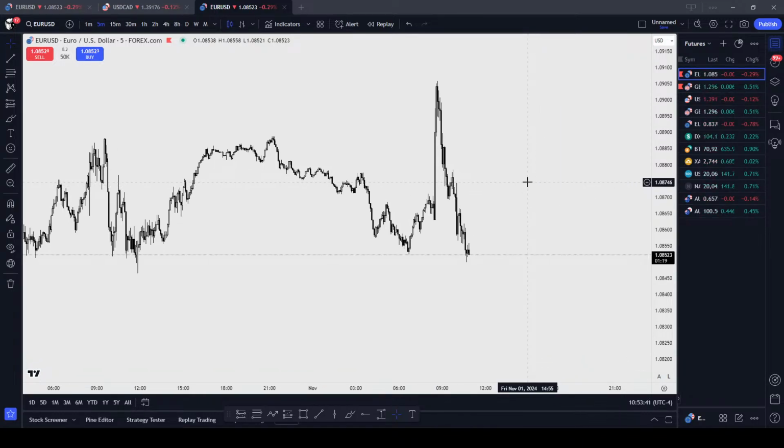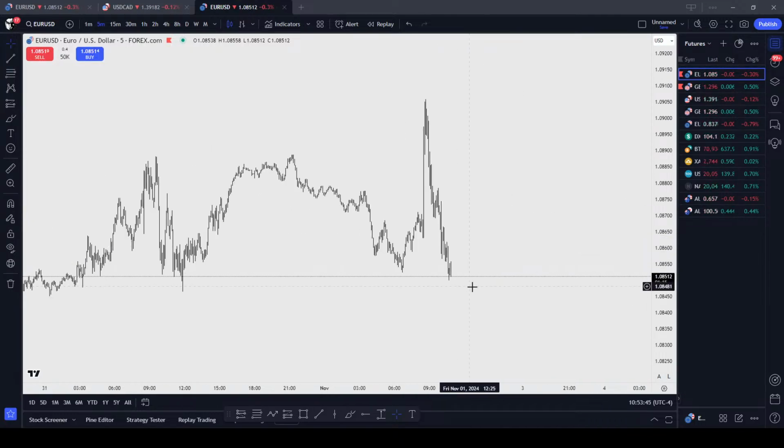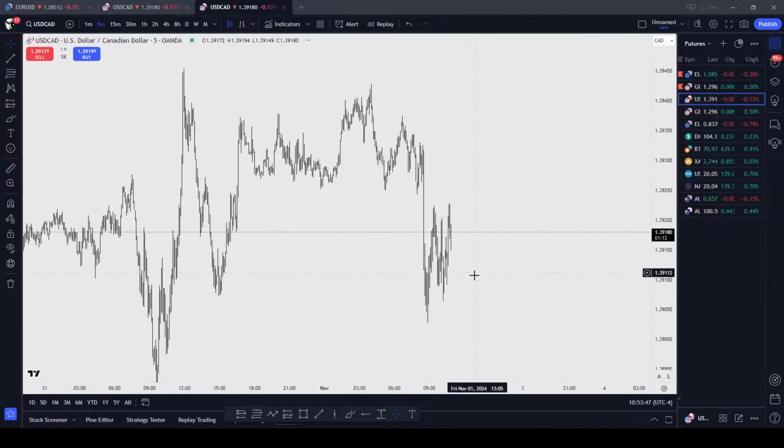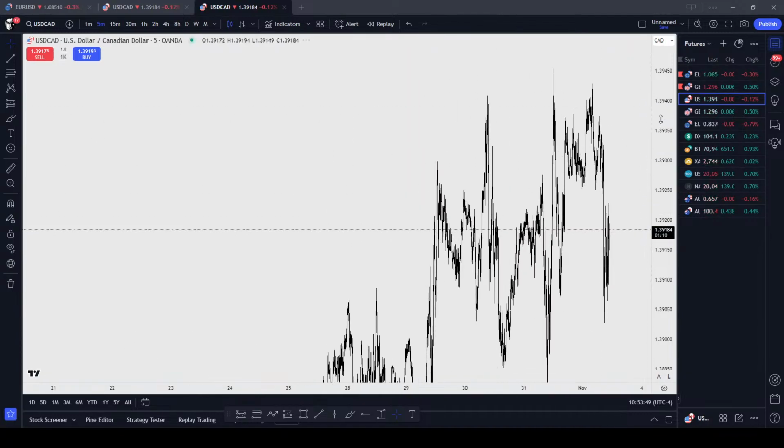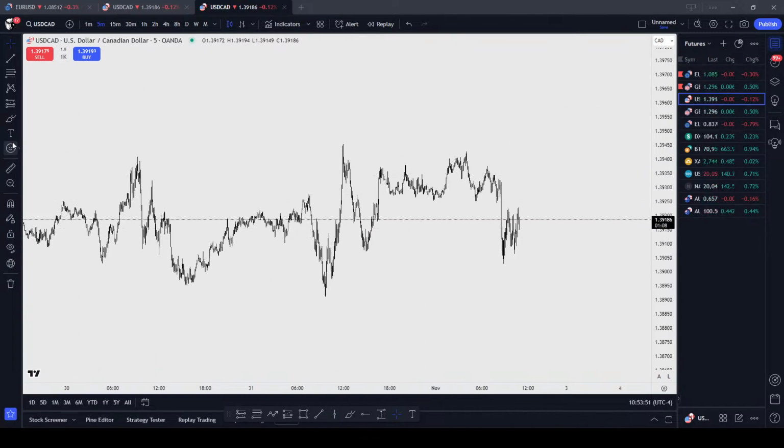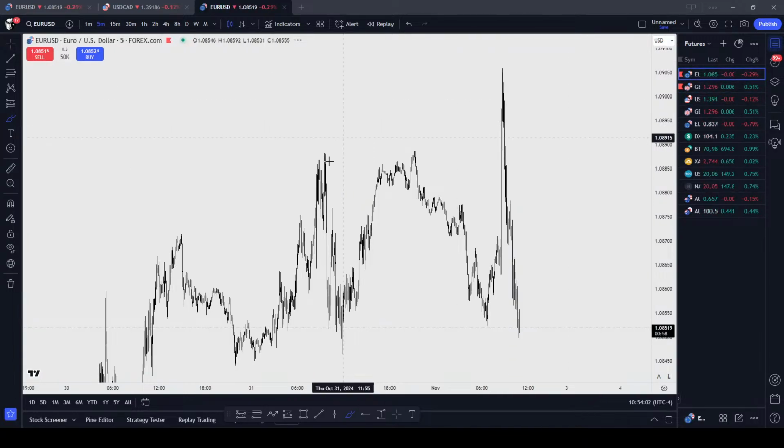Nah, the market maker didn't contact me. I talked about that yesterday. The market maker lied to me regarding USD CAD. He told me to close right here. It's not gonna go up anymore, but it did. I was the exit liquidity, so I'm not trusting them anymore.